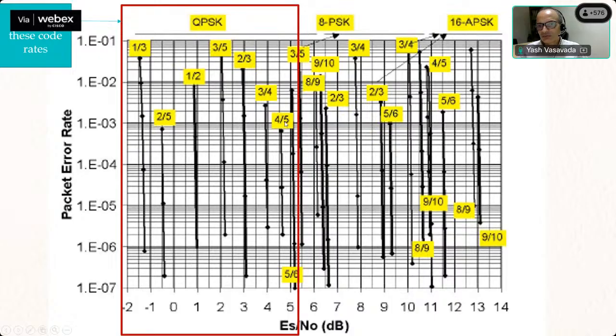Rate 4/5 means k divided by n is 4 divided by 5. If k is 4,000, n will be 5,000. So as you move from 1/3 to 4/5 to 5/6, you are increasing the rate. Remember, as we increase the rate, we reduce the error protection provided by the noisy channel coding, and therefore the SNR goes up.